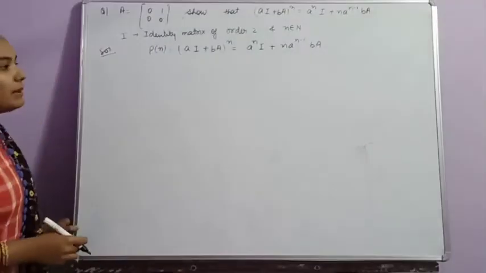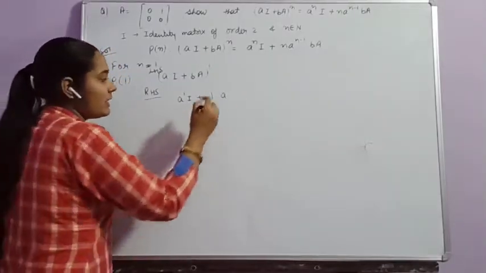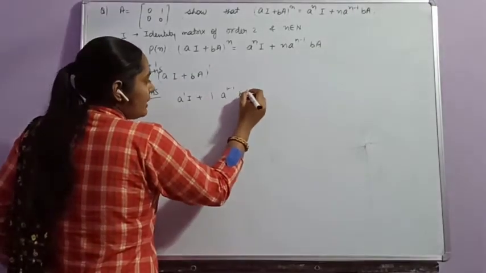By using principal mathematical induction, for n equal to 1, P(1): the left hand side will be (aI + bA) whole raised to the power 1, and the right hand side will be a raised to the power 1 into I plus 1 into a raised to the power 1 minus 1 into bA.